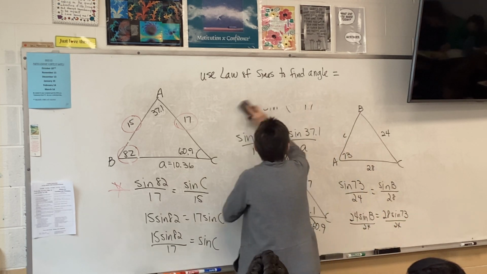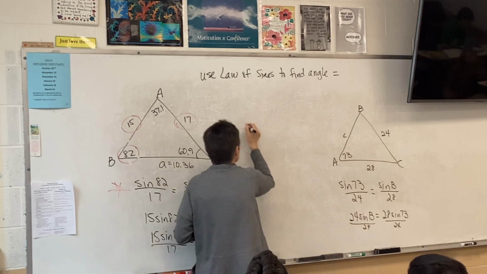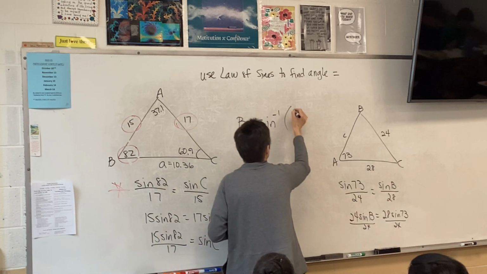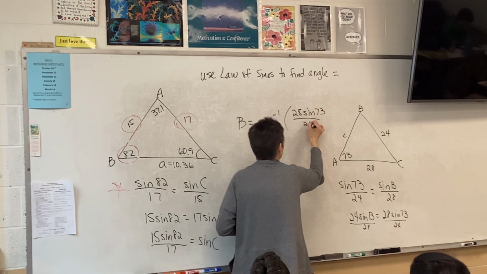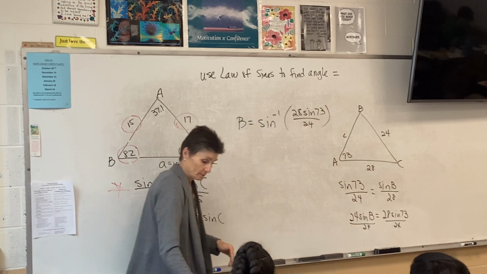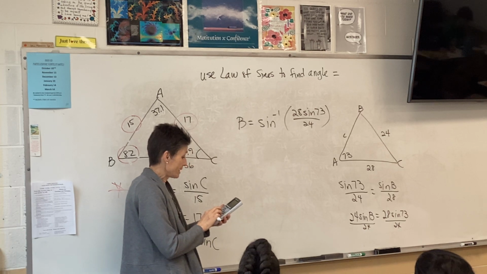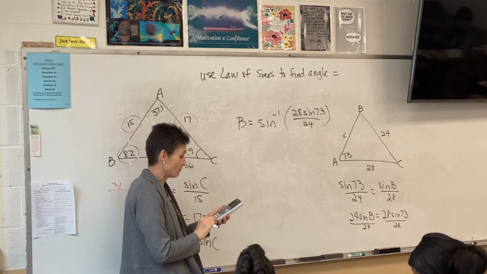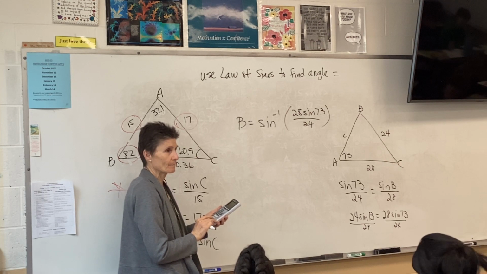So what am I going to type into my calculator to get angle B? Inverse sine of that fraction: 28 sine 73 over 24. Inverse sine, 28 sine 73, close parentheses, divided by 24. Did you get an error? Yeah.